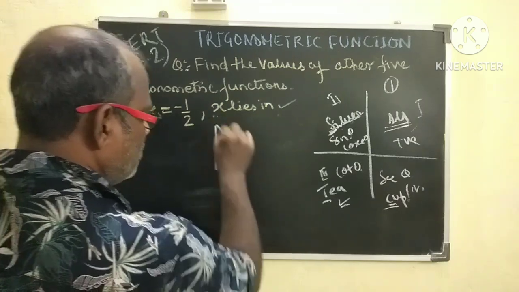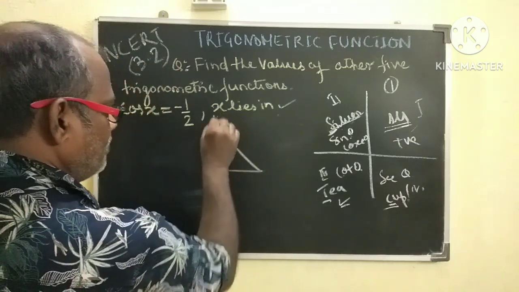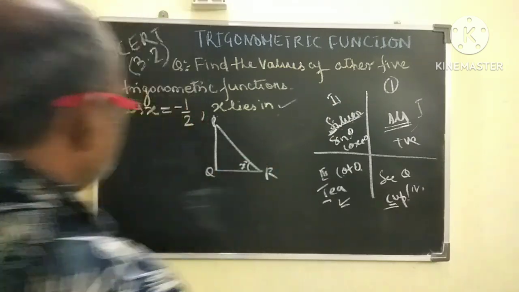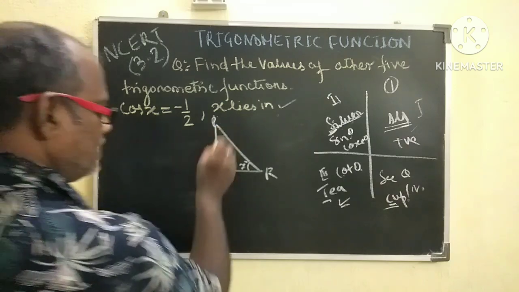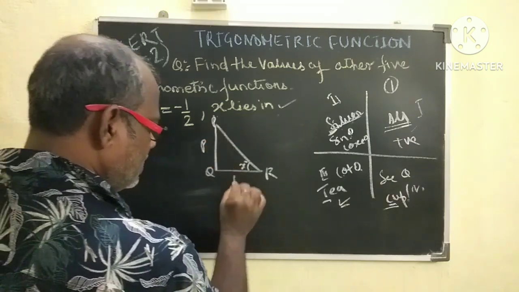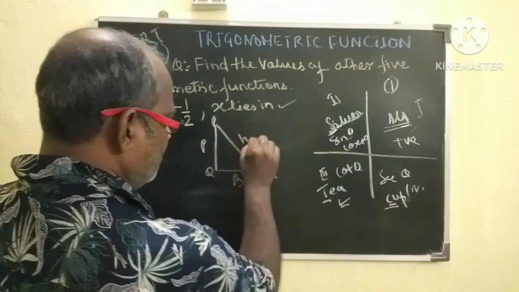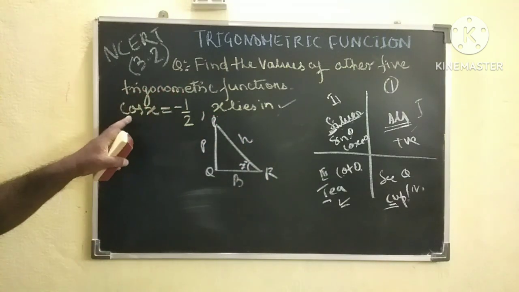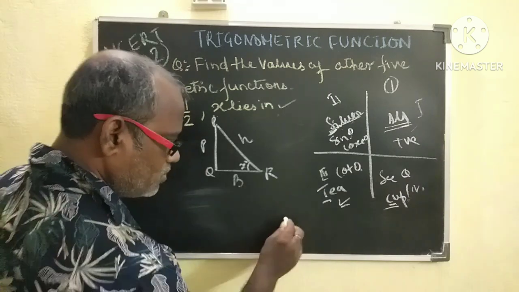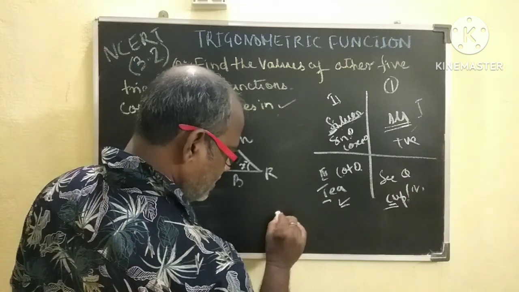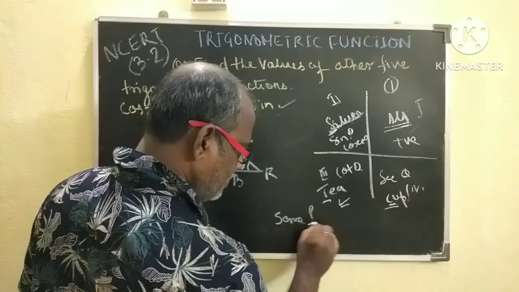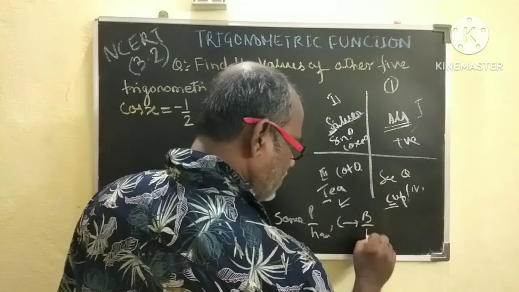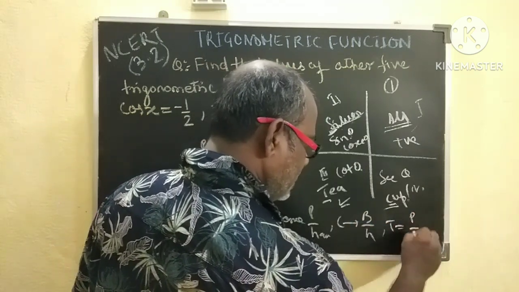Let us draw a triangle, name it PQR, and this angle be x degree. This is the perpendicular, this is the base, and this is the hypotenuse. We know that cos theta is base by hypotenuse, as in the trick "some people have curly brown hair till painted black".